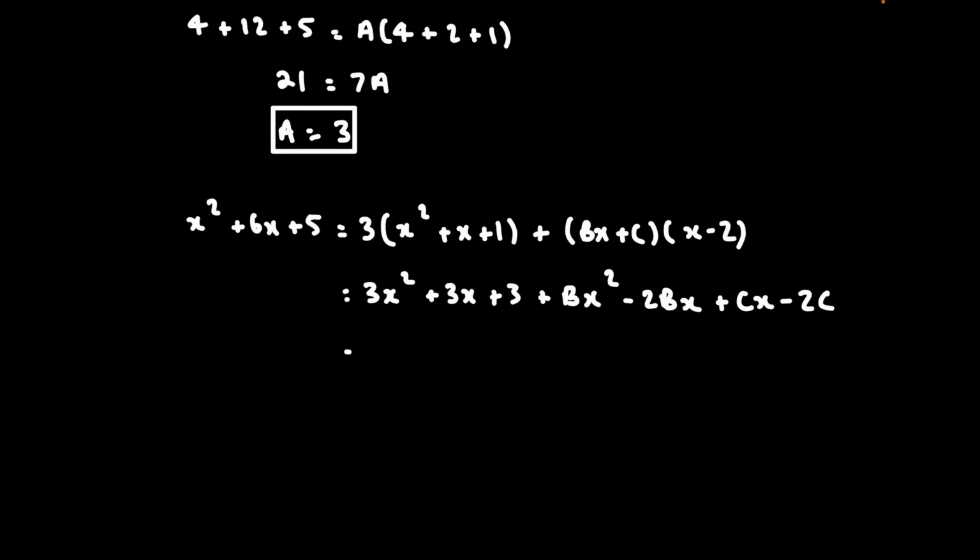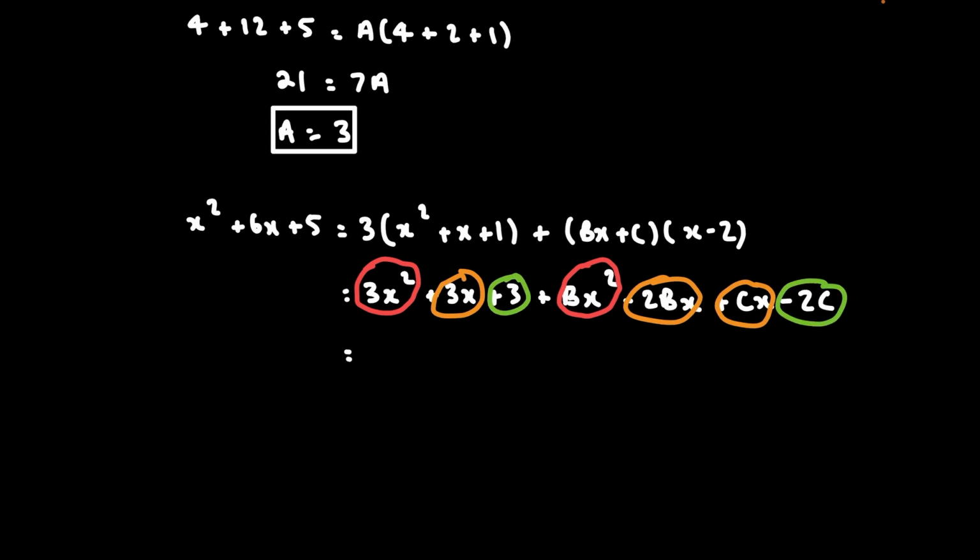I'm going to factorize this to make it look more like a quadratic. So I'm going to compare and rewrite the coefficients. Particularly, I'm going to combine these two terms, combine these terms together, and also compare these two constants together.